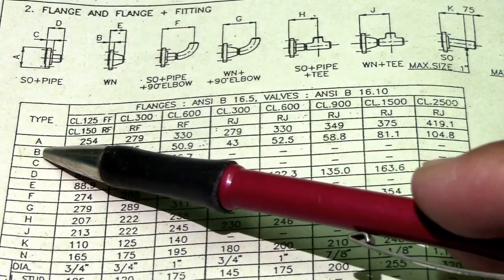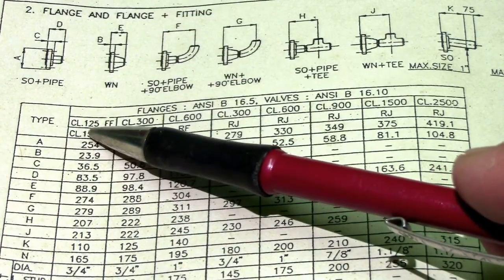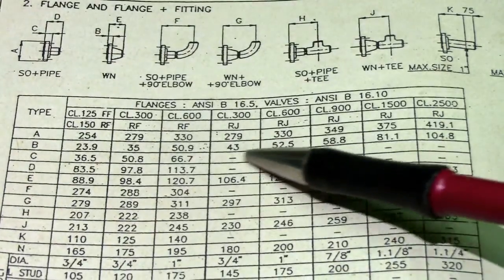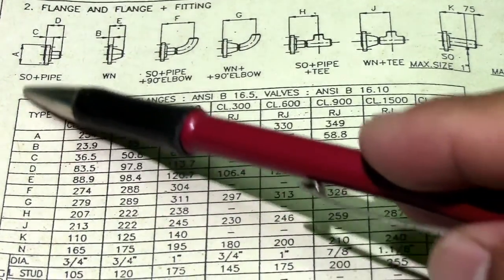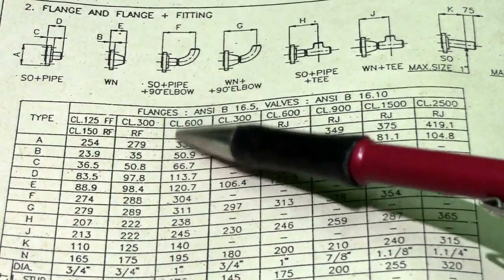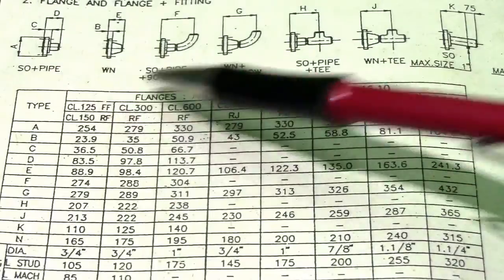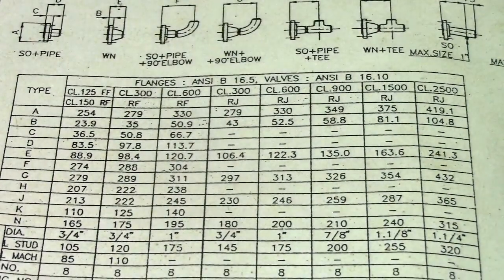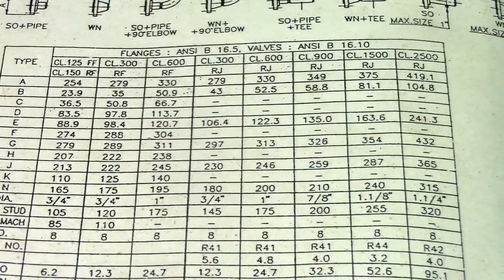So this is the dimension based on classification. We have 150, 300, 600. For example, dimension A class 600, this is the dimension 330. Please take note of all that, this is very useful in piping works.